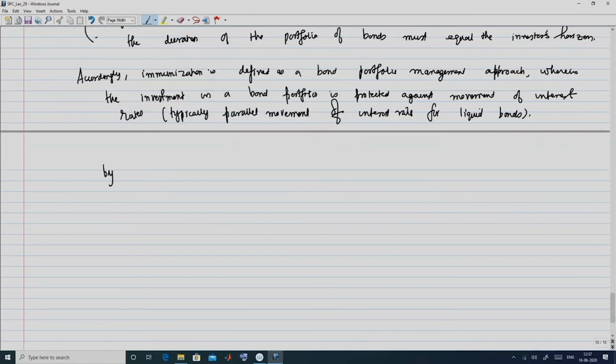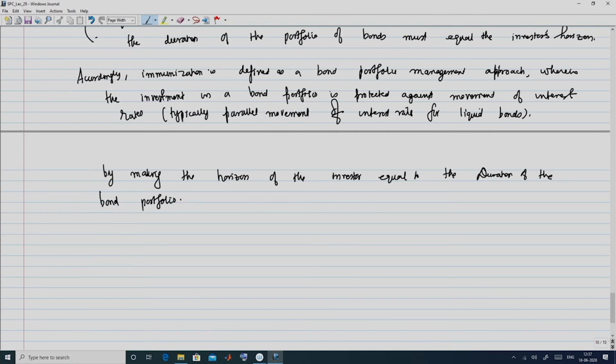And this is done by making the horizon of the investor equal to the duration of the bond portfolio.